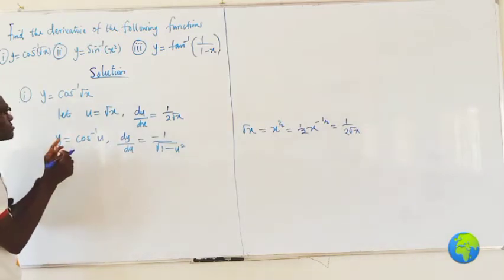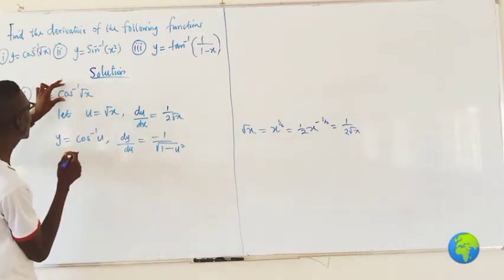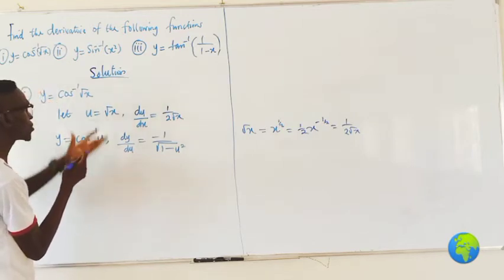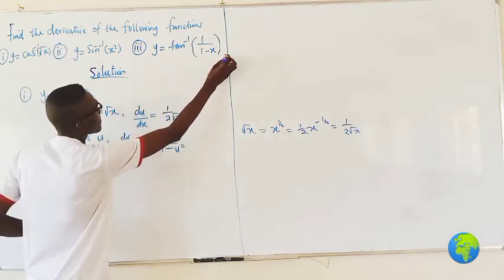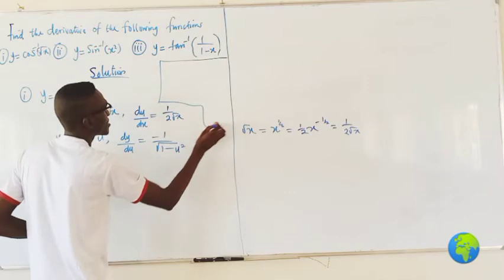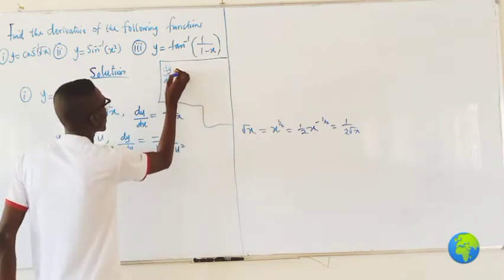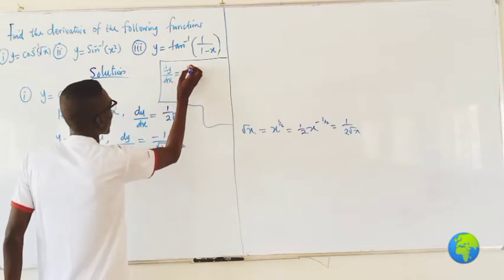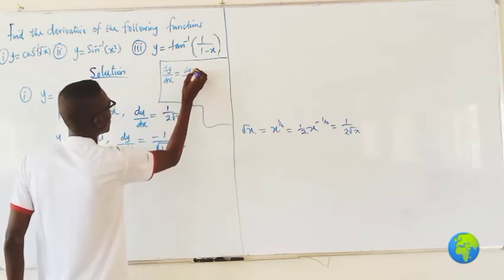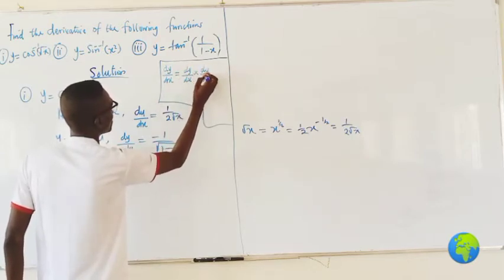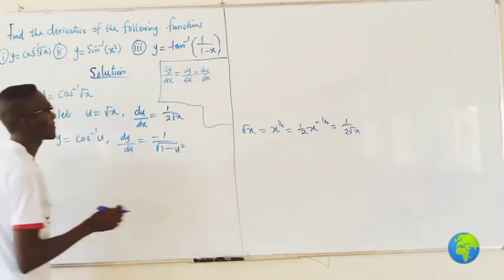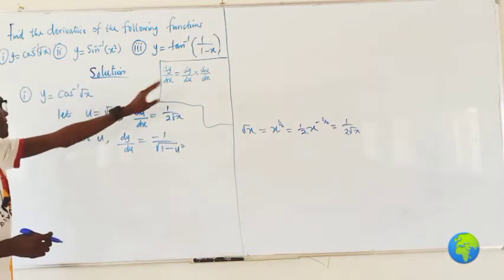I've not told you we are to use the chain rule as usual. So let me just write the formula again, just like how we did in the last video. Our chain rule, which is dy dx, equals dy du times du dx. That's the formula we'll be using now.